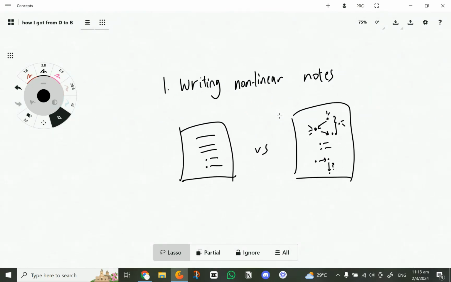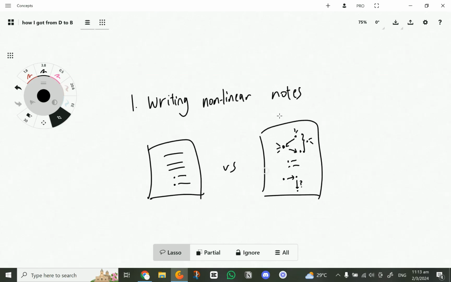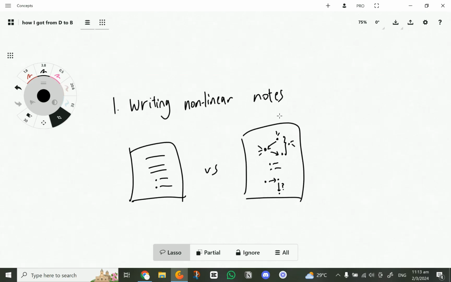The first thing is I started to write nonlinear notes. What does that even mean? As you can see on the left, linear notes is like writing line by line, bullet points, with no spatial arrangement or arrows or any way to represent the information differently, as you can see on the right.